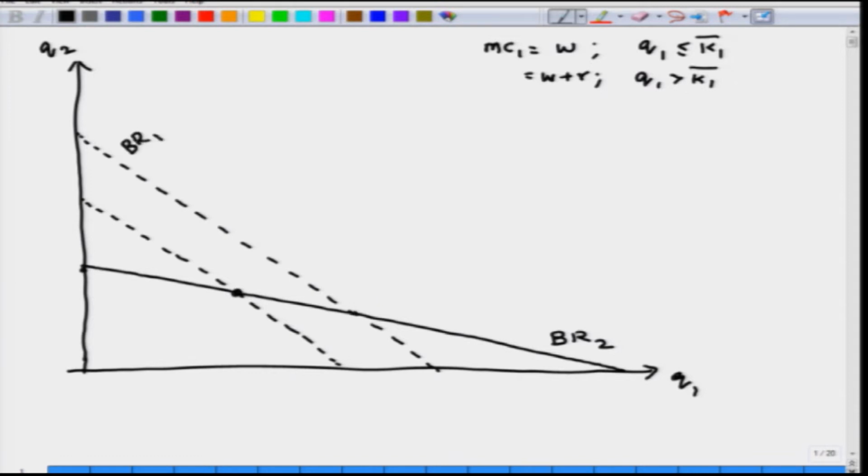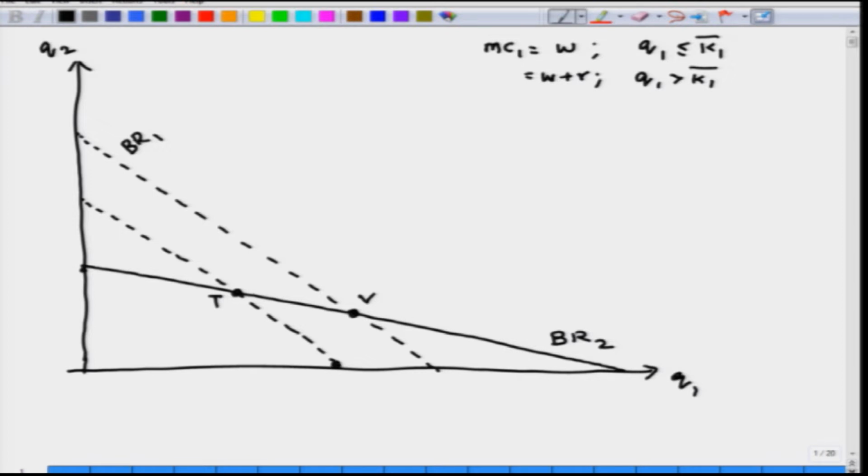We know that the Nash equilibrium output in stage 2 can be between T and V. T corresponds to the case where the Nash equilibrium outcome is symmetric, both firms end up producing the same output, and the marginal cost for both firms is also identical, which is W plus R. V denotes the other extreme, which is the least preferred outcome for the entrant. T is the most preferred outcome for the entrant, because as we move down the best response function for the entrant, notice that Q2 gradually falls.